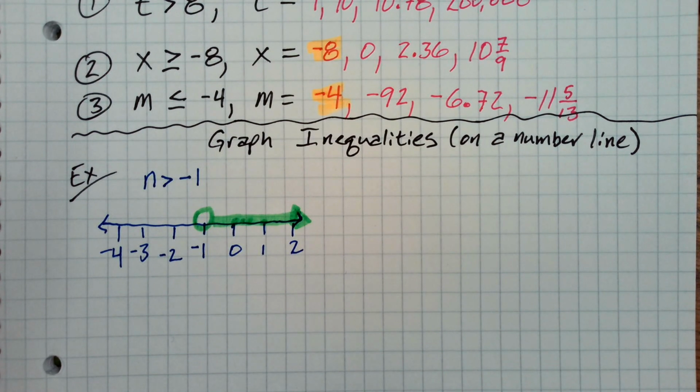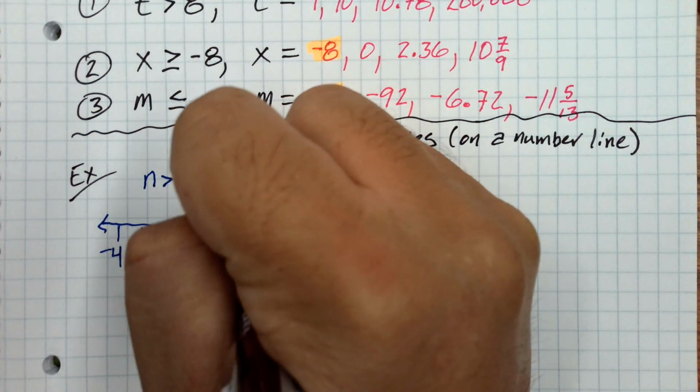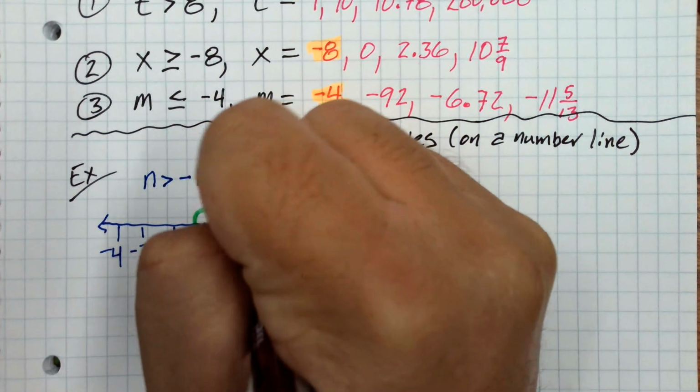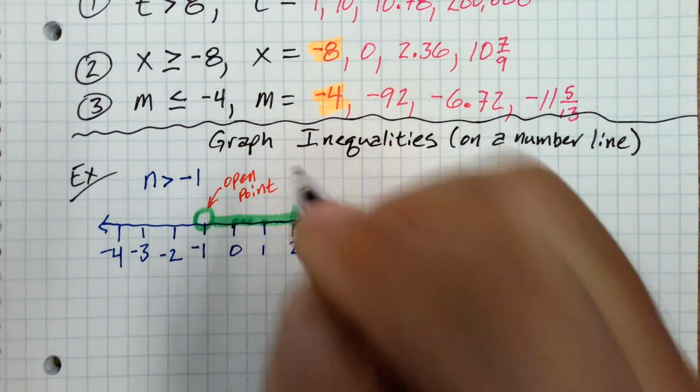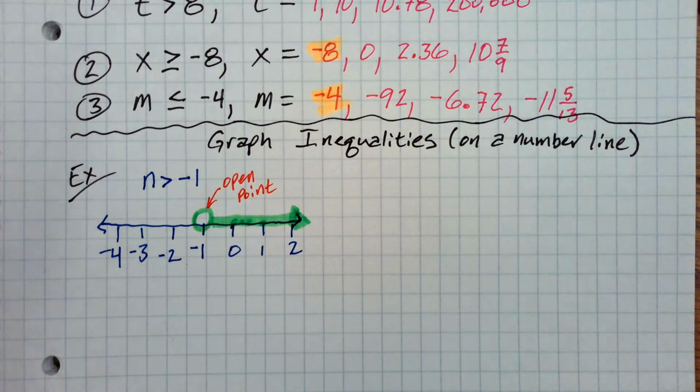This is called an open point. An open point means that's not part of the answer, but everything either before or after, depending on what kind of number line graph we have. So this is showing all the possible answers for this particular inequality.